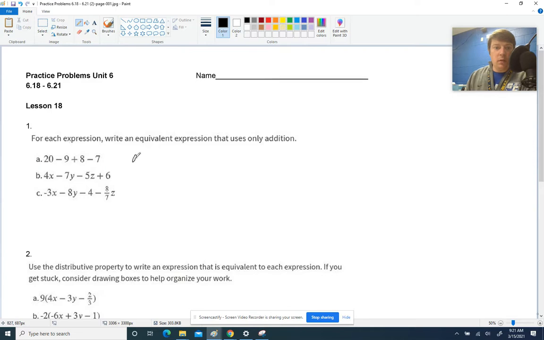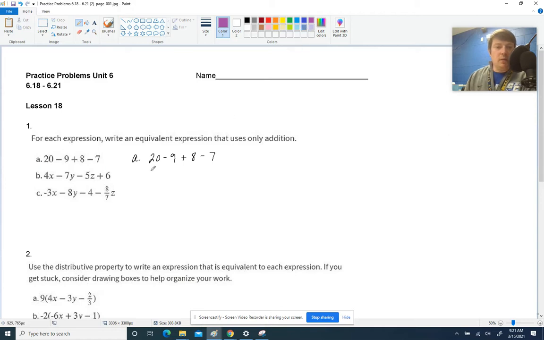So what I'll do here is we'll do part A first, and I'll show my work as I go. All right. So if I want to take expressions that have minus problems in them and rewrite them with only addition, then we're going to have to use one of our rules that we learned back in Unit 5, which is add the opposite. Any subtraction problem can be changed to an addition version if we add the opposite.